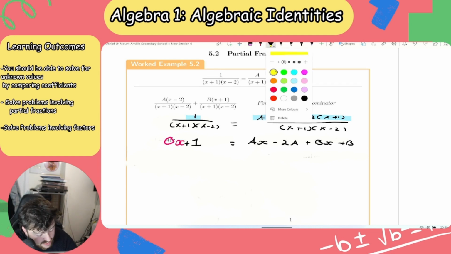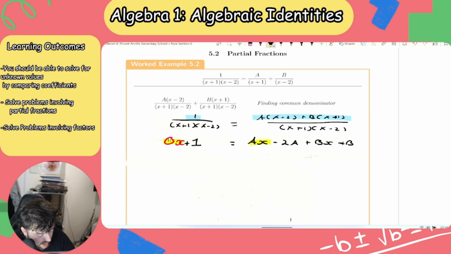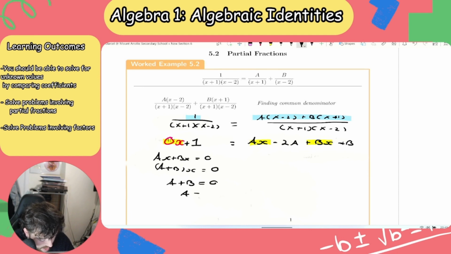So now let's gather some terms. So I have 0x, ax, bx. So ax plus bx equals 0. So (a plus b)x is equal to 0. a plus b equals 0. a is equal to minus b. Again, this doesn't tell me much information, but let me circle it and get back to it.